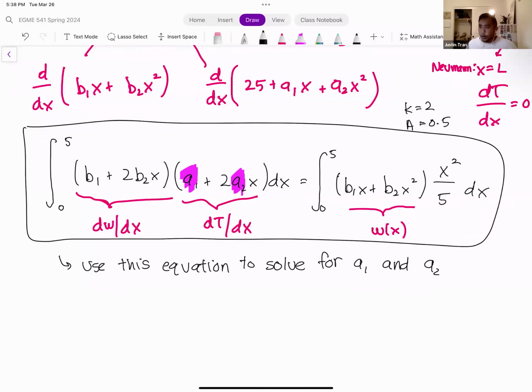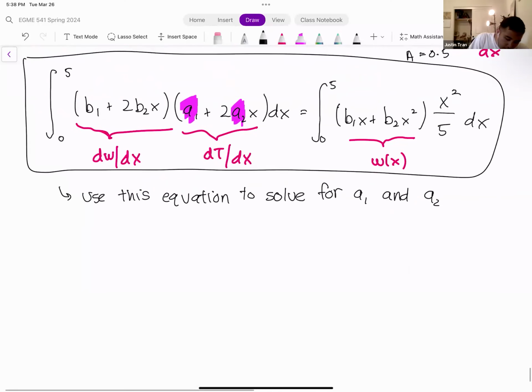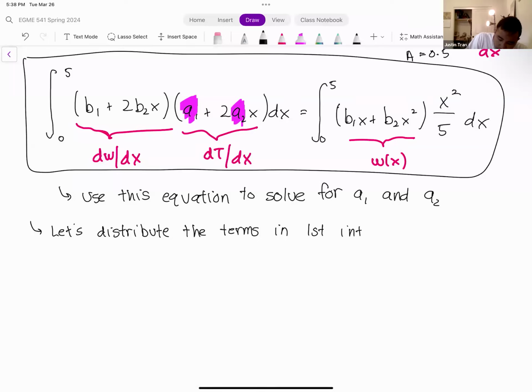All right, so let's go ahead and perform, well, let's FOIL this out first, and then we're going to perform the integration. But I'm going to do the foiling in a little bit of a unique way. Let's distribute the terms in the first integral, but I'm going to keep the b1 and b2 terms separate.